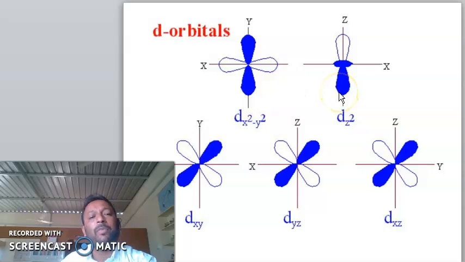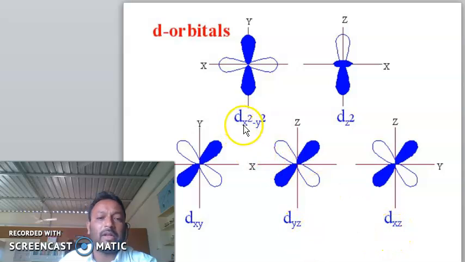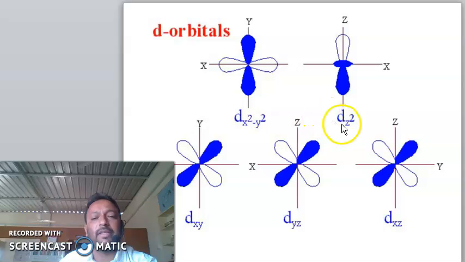Here are our 5d orbitals and their shapes. First one is dx square minus y square, then dz square, dxy, dyz and dxz. Dx square minus y square is lying on the x-axis and y-axis. Dz square is fully lying on the z-axis.